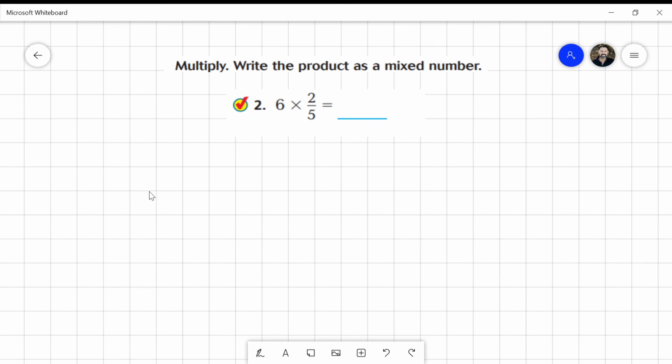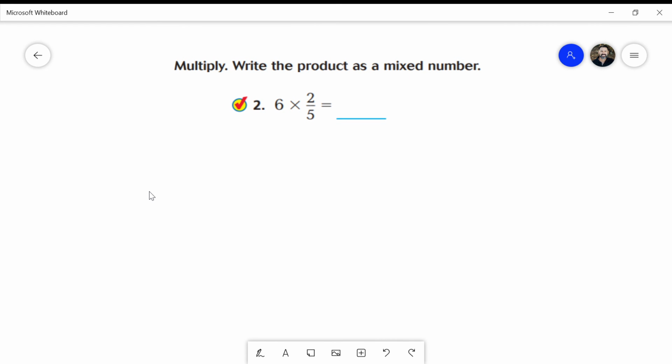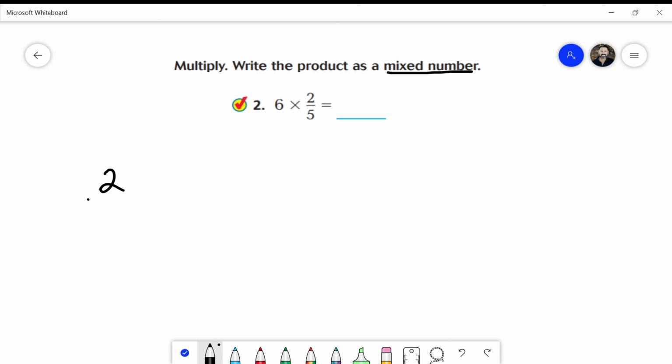So this one really isn't a mixed number. It's just a whole number times a fraction. But when we multiply that, we want to make sure we put our answer as a mixed number. So again, multiplication is just repeated addition. We're going to repeat 2/5 6 times. So we have 6 groups of 2/5.